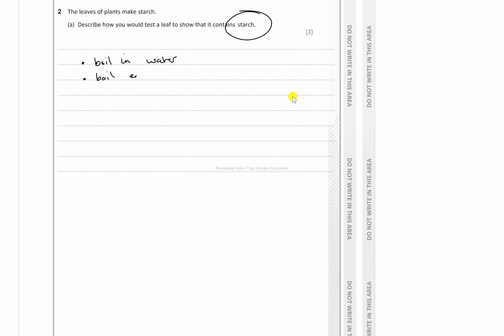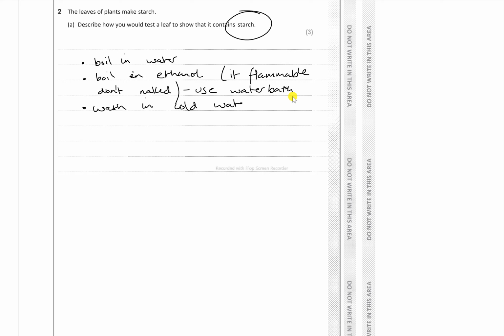Boil in ethanol, it is flammable, so don't use a Bunsen burner flame or a naked flame, right? And use a water bath. I'm saying this again and again. Put this into your head and then just blurt it out. Right, once you've done that, you wash in cold water.